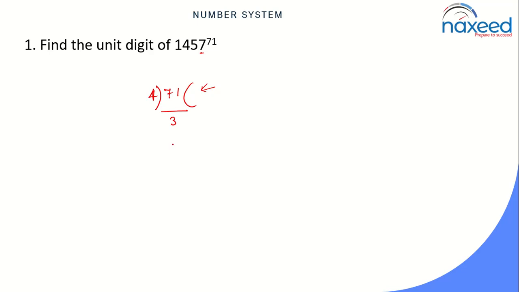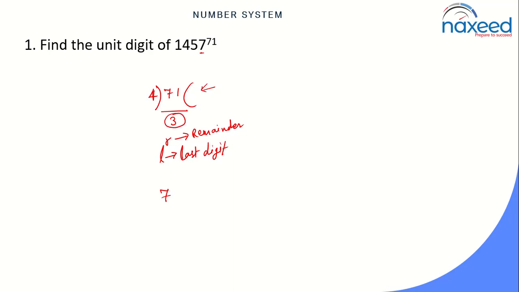One method or formula you can call L to the power R. What is L? L is the last digit, and R is the remainder.